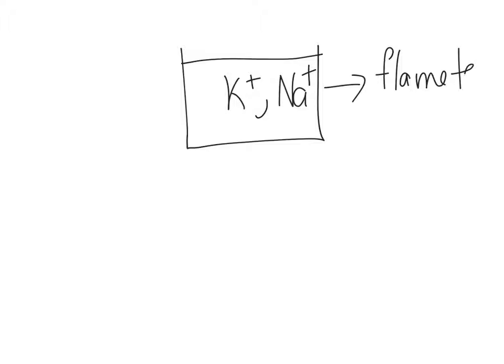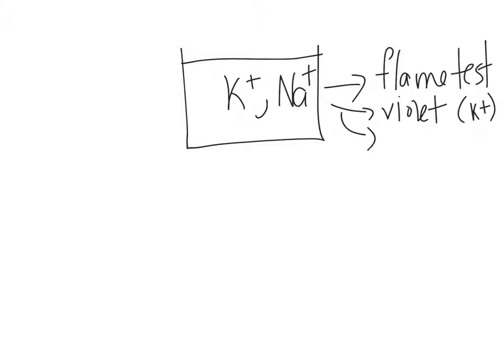is a flame test. You're going to look for colors, but the problem sometimes with colors is that if one is stronger than the other, it's more intense, it can mask the other. So if you've got a light purple or violet flame, you know that it is potassium.